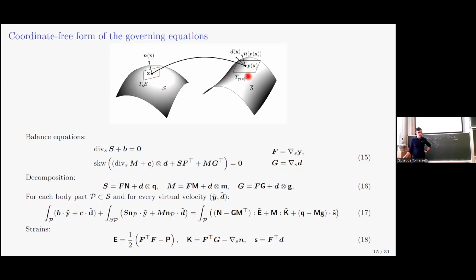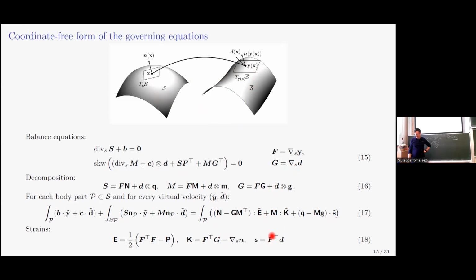F transpose, on the other hand, maps vectors here into vectors here. So this combination essentially maps referential vectors into referential vectors. So it's a purely referential strain measure. And it's dual to this purely referential stress measure. This would be the equivalent of the second Piola-Kirchhoff stress.